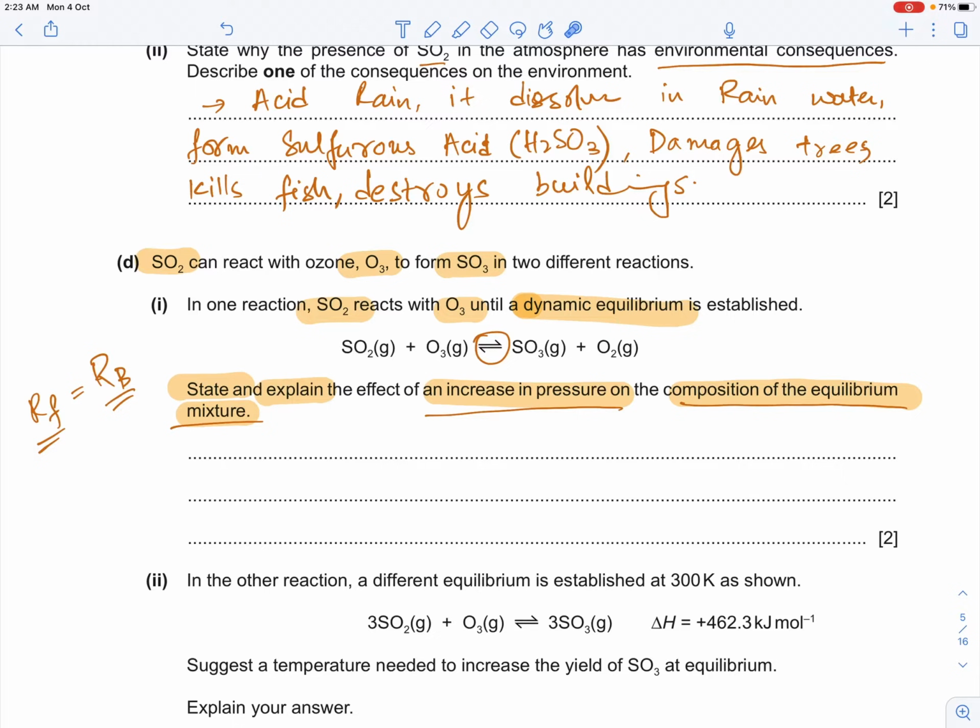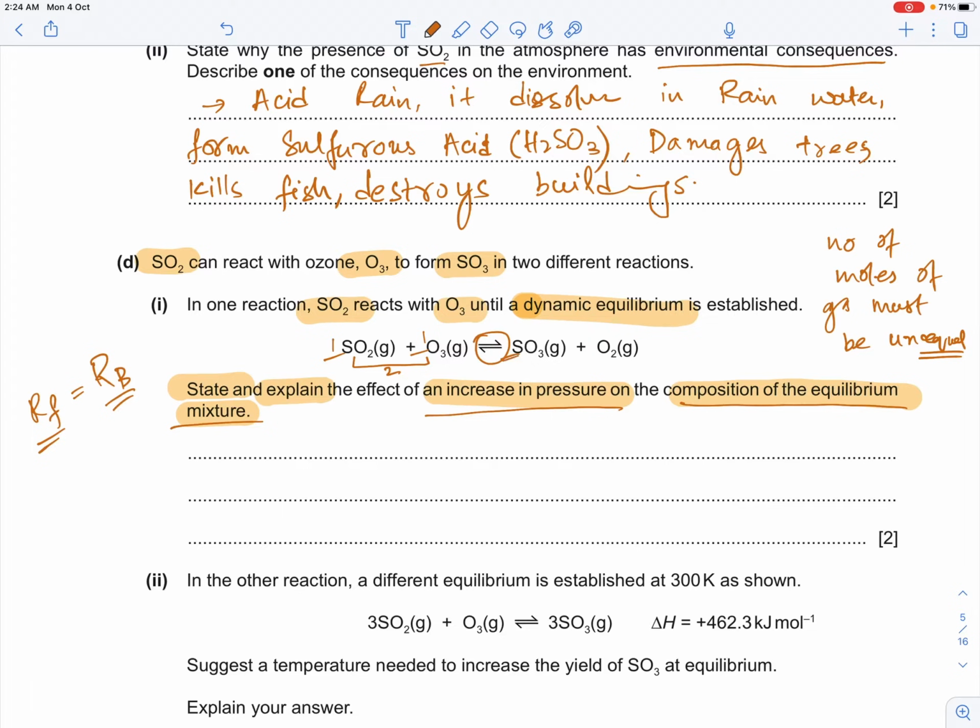But in addition to that, first of all gases must be involved, and the number of moles of gas must be unequal on both sides. To get an effect of pressure on the composition of equilibrium mixture, the number of moles of gas must be unequal. If you calculate the number of moles on both sides, on the reactant side we have 2 moles of gases, 1 mole of sulfur dioxide, 1 mole of ozone.